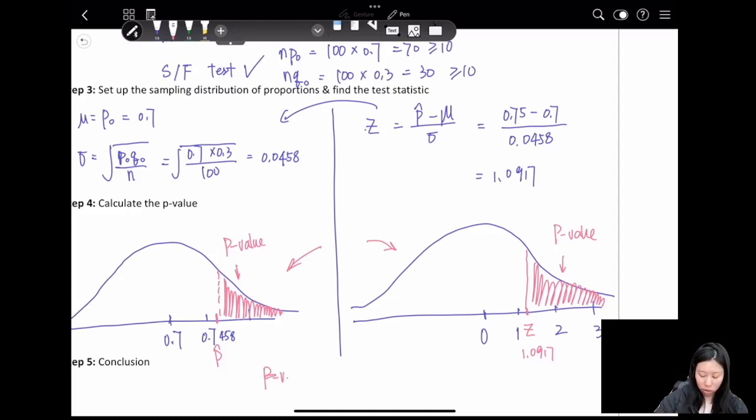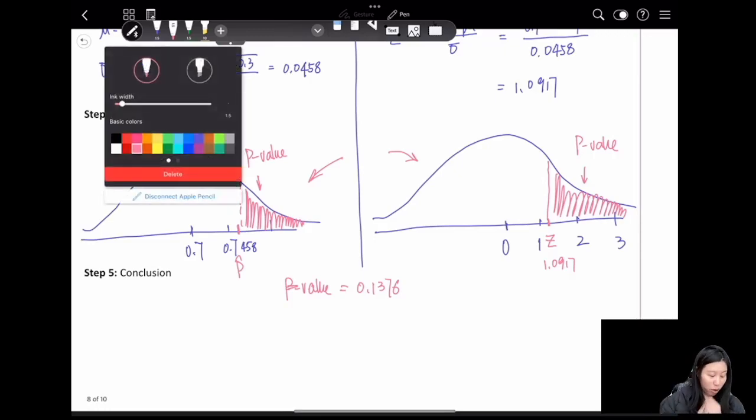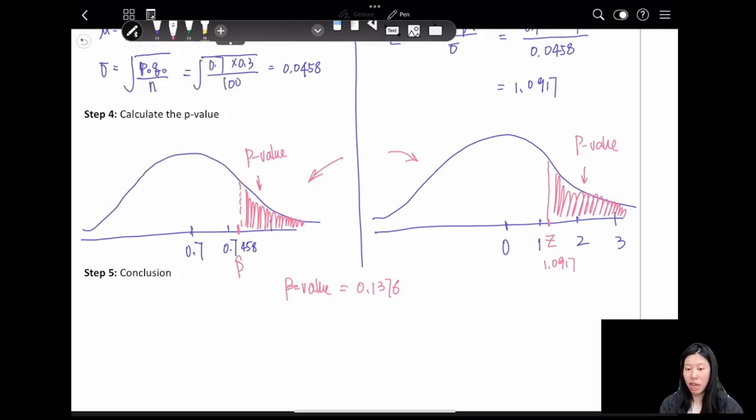So from GeoGebra, we got our p-value equals 0.1376. Now is the conclusion. First of all, we need to compare our p-value to our alpha, to see if it's smaller than alpha, the significance level, or greater than alpha. So I would like to convert this to a percentage.